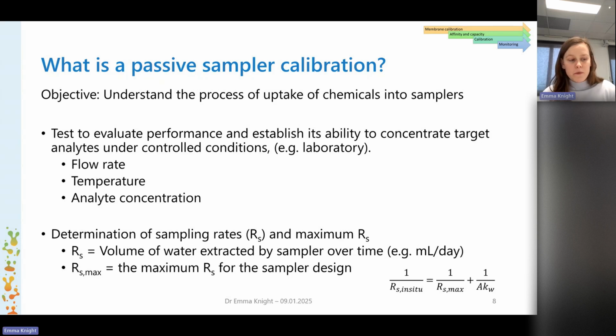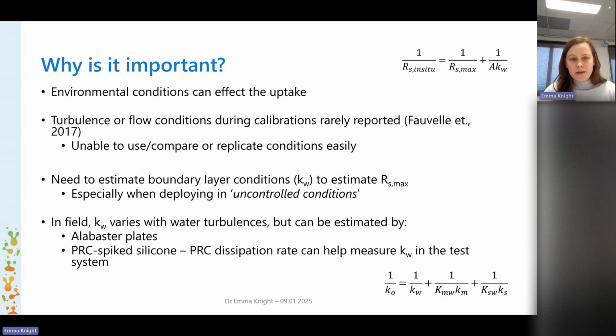And this becomes quite important when we look at environmental conditions. Environmental conditions can affect the uptake, and this includes your turbulence or flow conditions. And these flow conditions are often not reported in calibrations, making it very hard to use or compare sampling rates or to replicate those conditions easily.